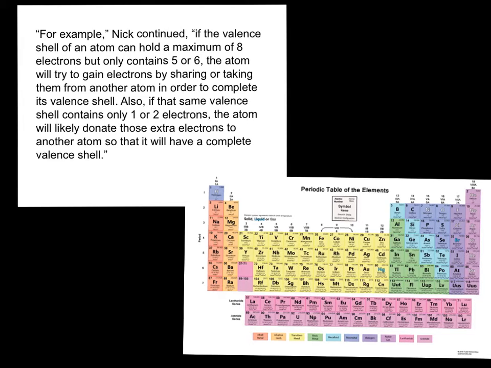Now, on the other side of the periodic table, these 2 columns each need 1 or 2, and specifically this one only needs 1 electron to become a noble gas. So whenever you see this column mixing with either one of these 2, you could almost bet that you're going to end up with a salt.